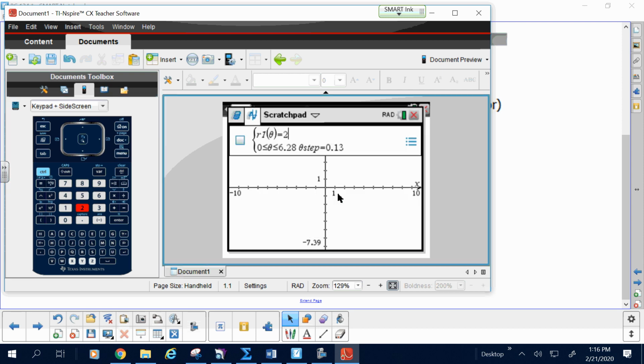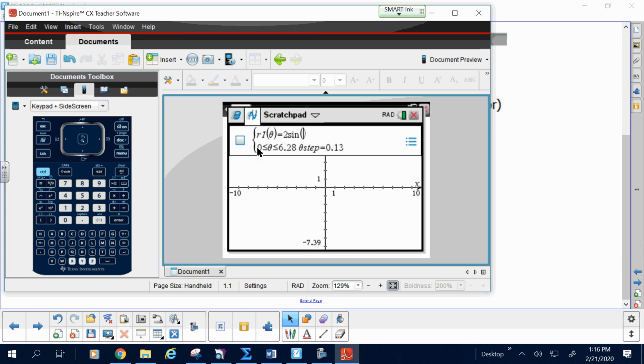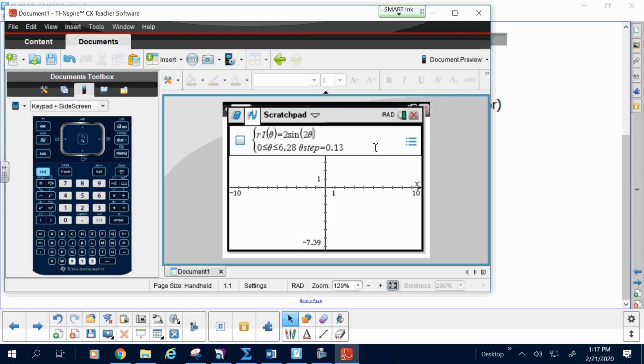I think it was 2 sine 2 theta. Theta, where's theta? In the pi button, in that little pi submenu down at the lower left corner, you'll find theta. And then was it 3 cosine 3 theta or sine 3 theta? Cosine 3 theta.